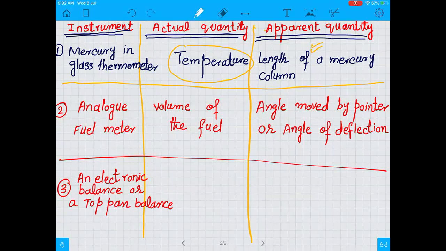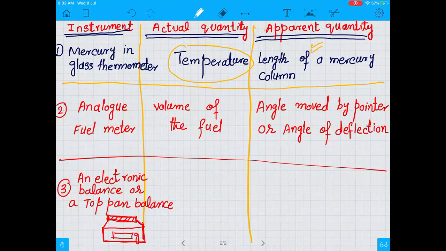And I believe you studied the beam balance. So these were some balances in your O level syllabus. A top pan balance looks like this. And here you have reading in grams.